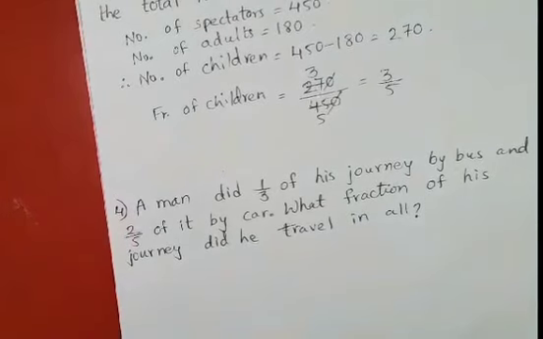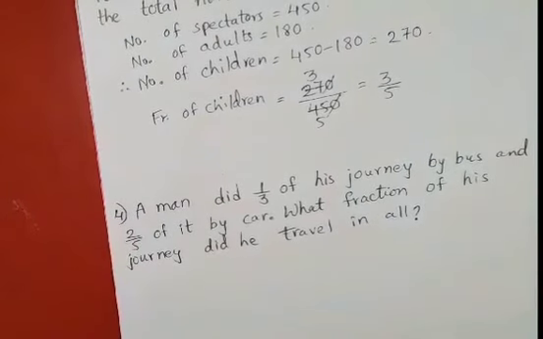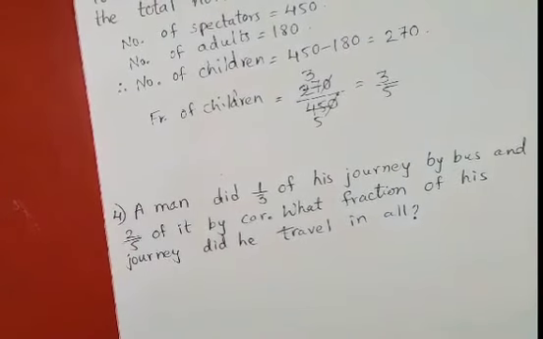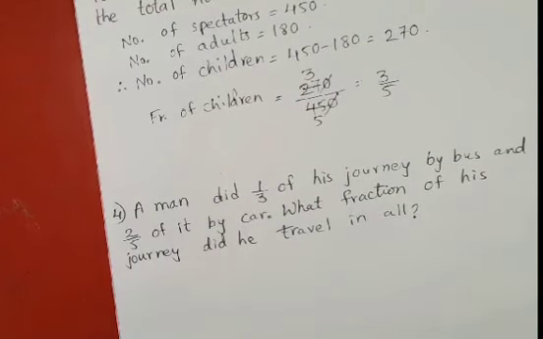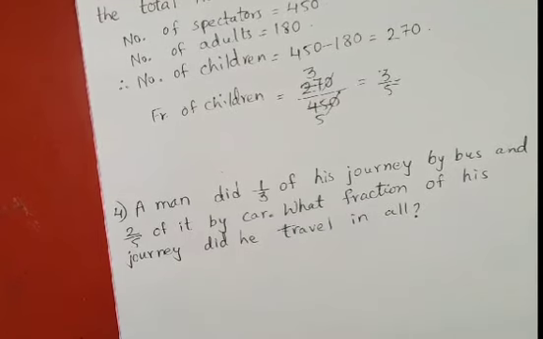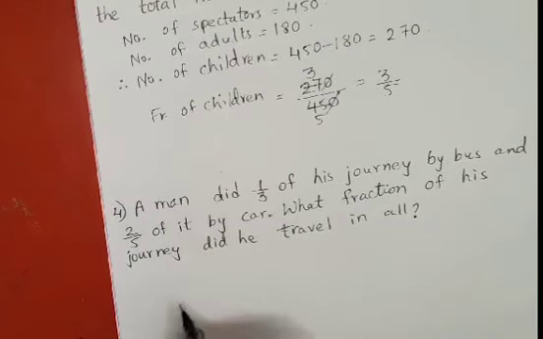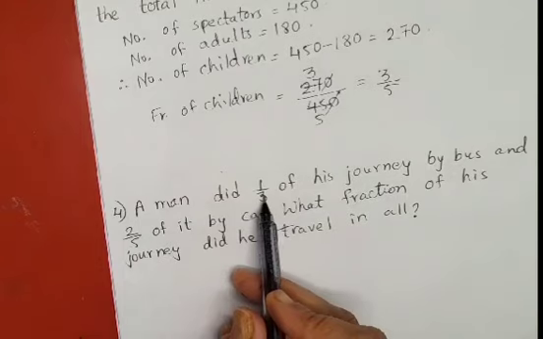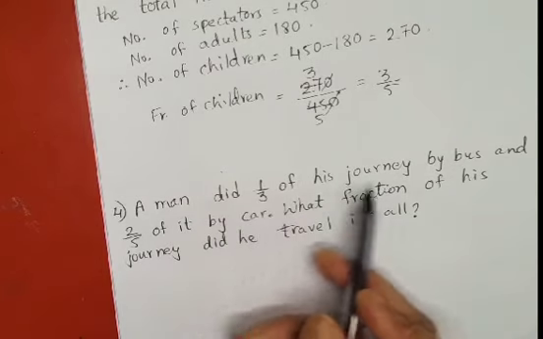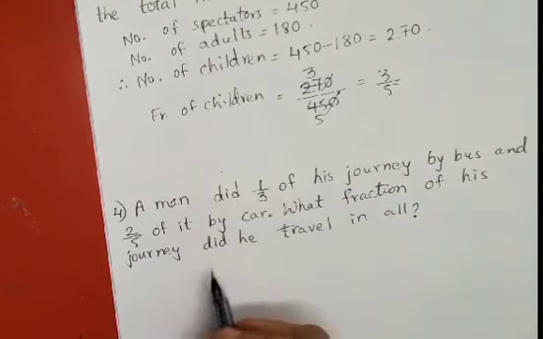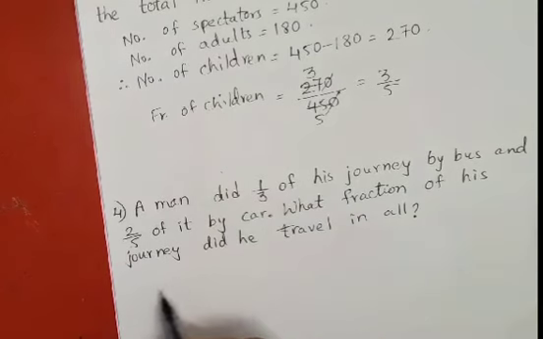Now let us start our fourth example. A man did 1/3 of his journey by bus and 2/5 of it by car. What fraction of his journey did he travel in all? So, in order to find out the total fraction, we have to do the addition of the journey done by bus and by car.